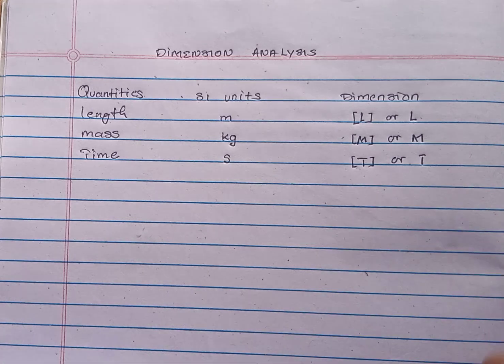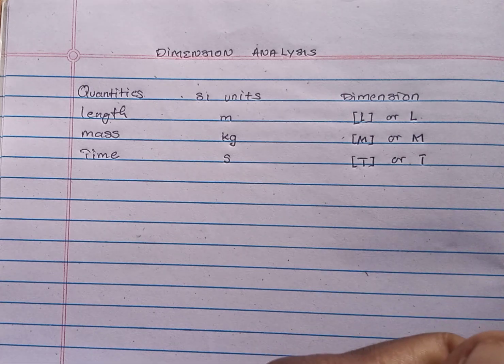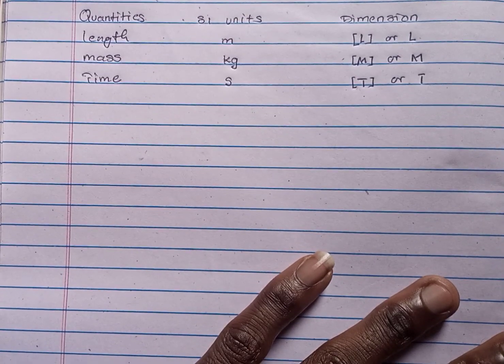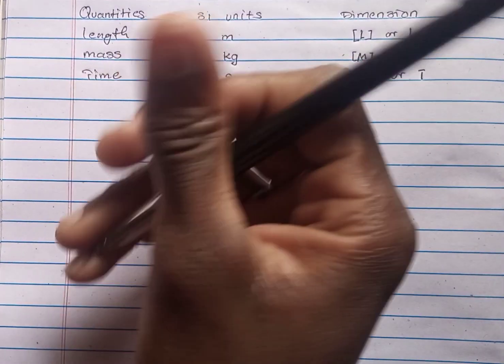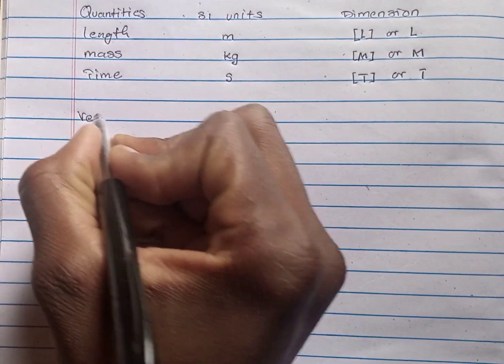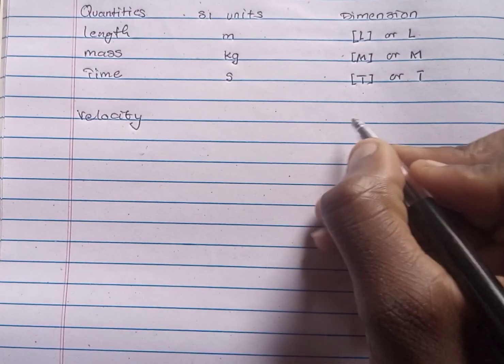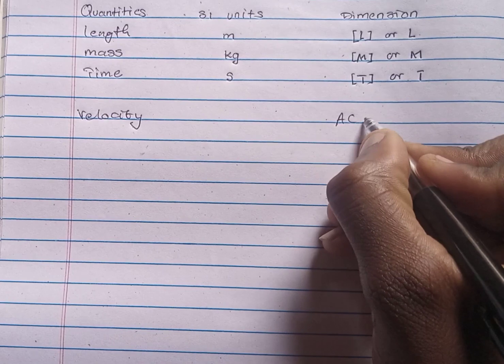And from these dimensions, we can derive the dimension of whatever quantity that we might be given. So for example, let us write the dimension for velocity, and here we'll write the dimension for acceleration.